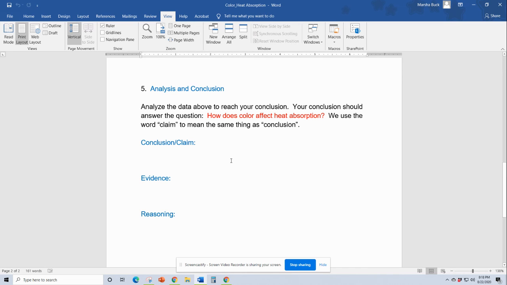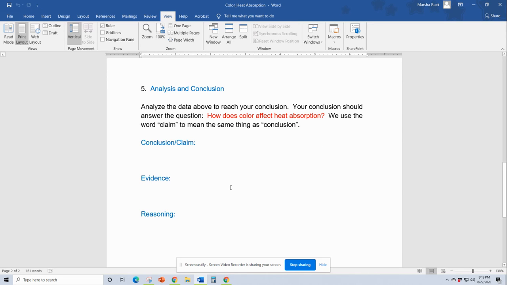We've already done, and we'll be doing some work with claim, evidence, and reasoning all year long. In this case, our claim and our conclusion, we're using those words to mean the same thing. So if this was our question and we've done the experiment, we should be ready to answer the question. How does color affect heat absorption? And so you will write one sentence right there to answer that question.